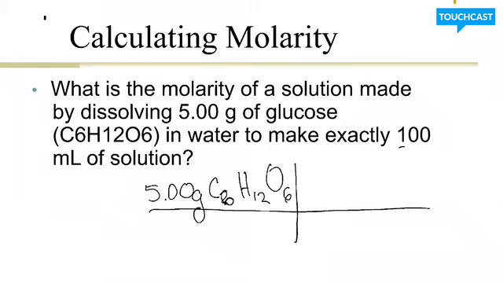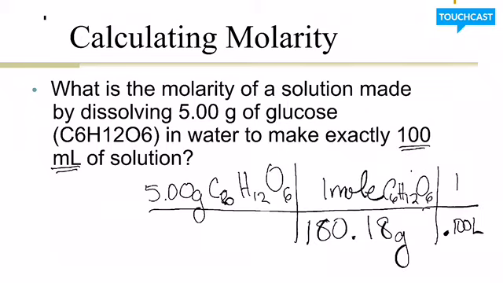And then you were given milliliters of solution. So think about what you're going to have to do there to change the milliliters to liters. To save myself a little time, at the very end of this problem, I know I have to take the moles and divide by liters in order to change it to molarity.